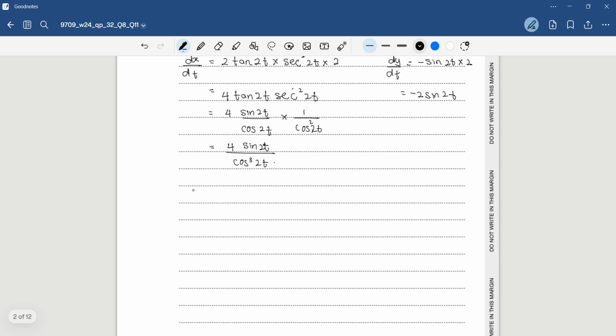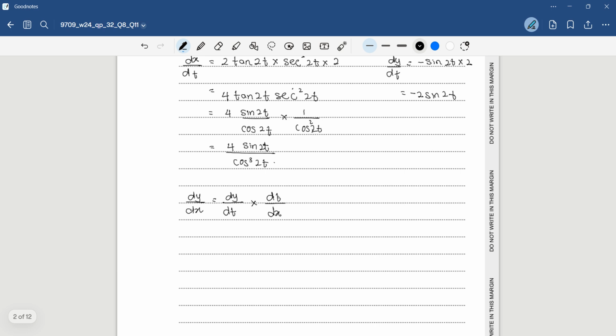Okay, by using the chain rule, I need to find dy/dx. Normally how I do it is: the top one, dy, I write here, and the denominator, dx, I write here. The common term for x and y is t, which is dt.